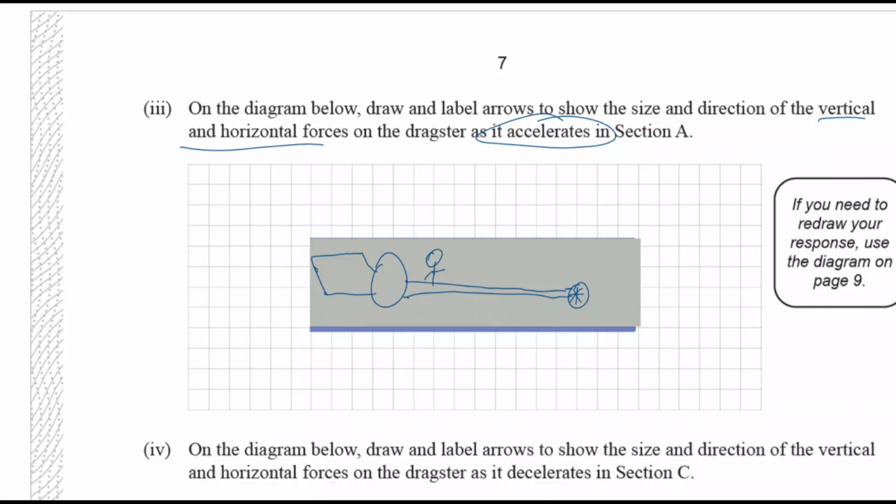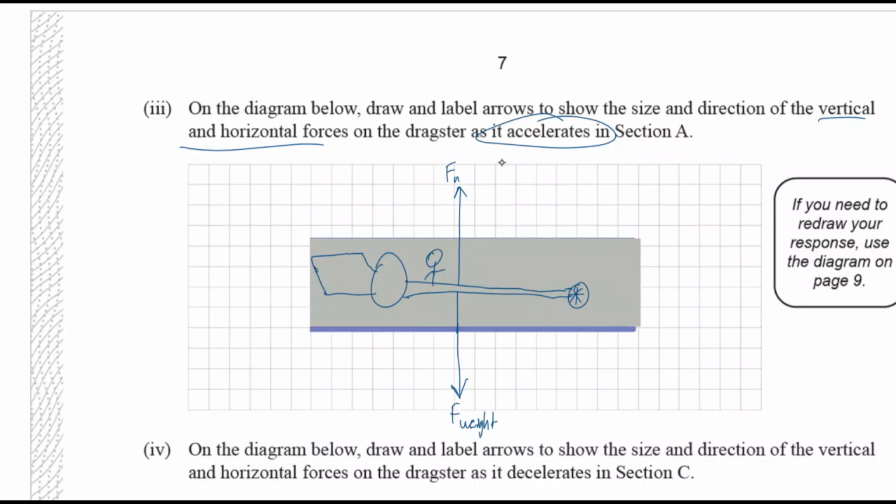So let's start with the vertical forces, because they're often, well, not always, but can be easier, especially if it's something that's on the ground. So assuming the dragster isn't flying, it'll have a weight force. So F weight. And to prevent it from going through the ground, it will have a normal force, or a reaction force, sometimes called.